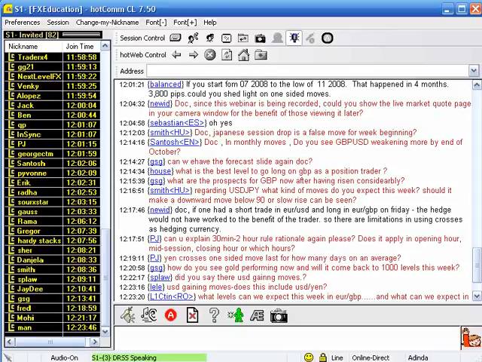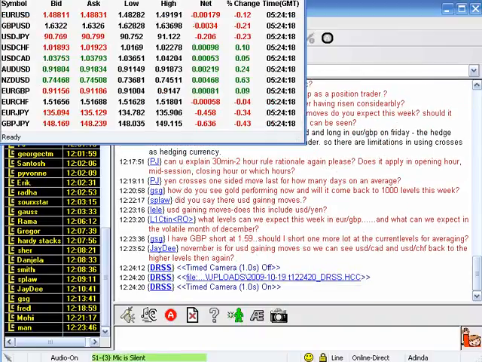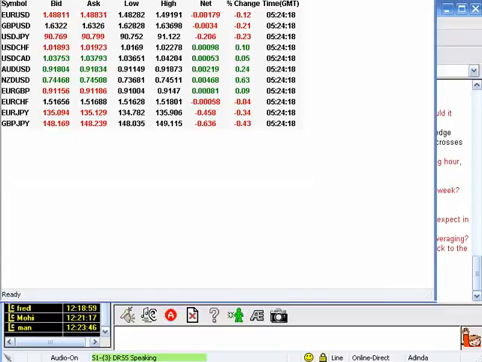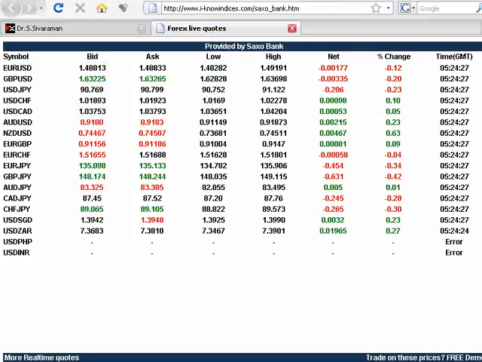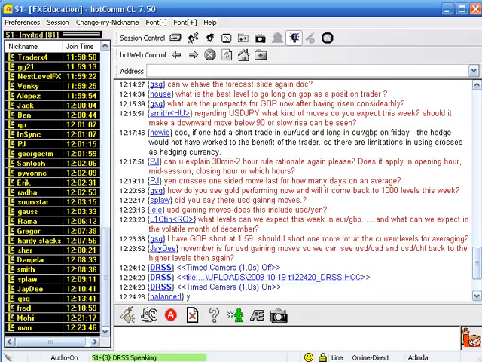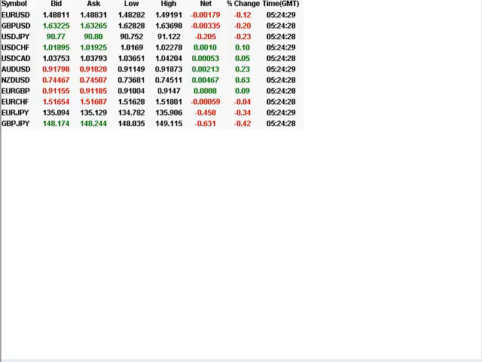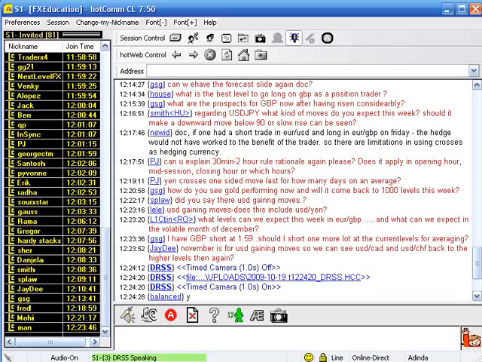I can show the live market quote page here. If you are able to see that, fine. Are you able to see the live market quote page? I'm not very sure, because the applet does not get displayed. Oh, you are able to see, fine. Then you can make use of it.